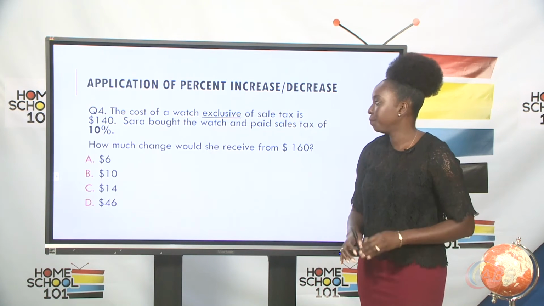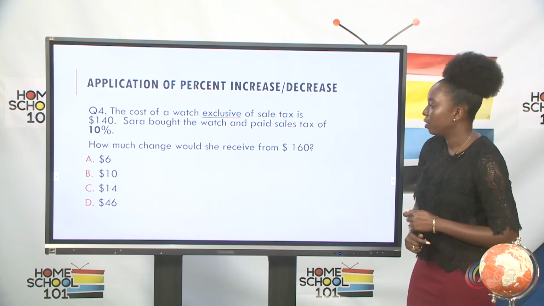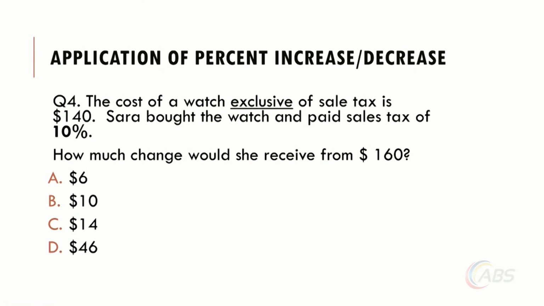Question 4. The cost of a watch, exclusive of sales tax, is $140. Sarah bought the watch and paid sales tax of 10%. How much change would she receive from $160? So let's ask ourselves, do we understand what the question is asking? The terms that are given there, are they clear to us?